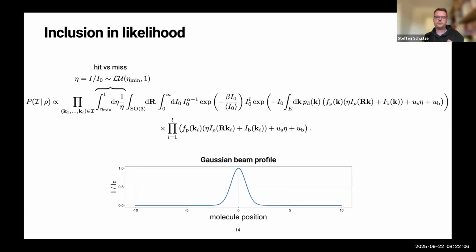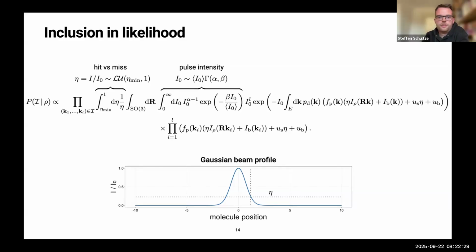What it comes out at is, if one considers the beam profile to be a Gaussian in 2D, and then has a uniform prior for the molecule position within that, it comes out to be a log uniform distribution for the relative intensity at the position of the molecule.